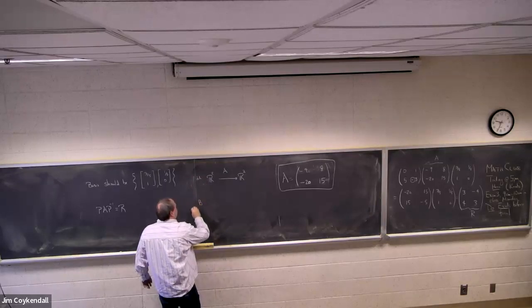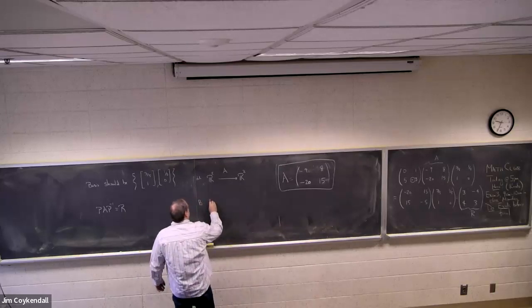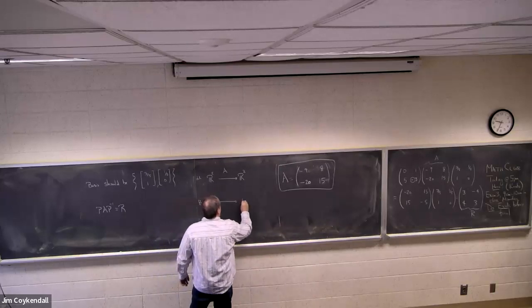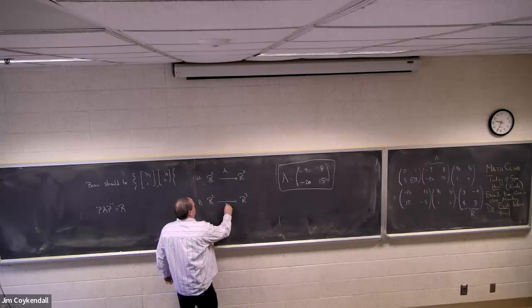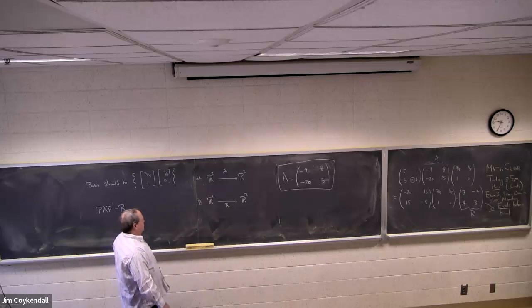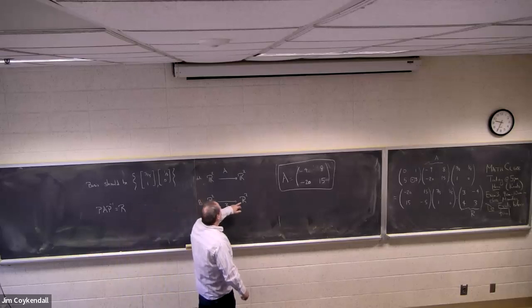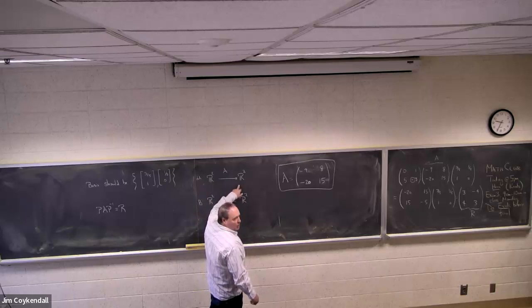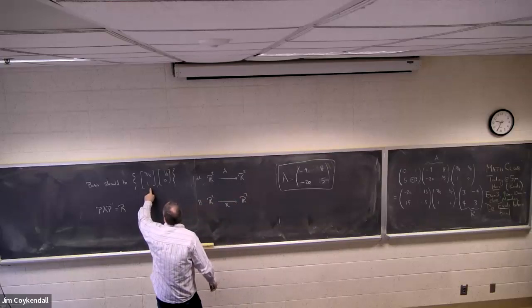Now I wanted a basis B where the matrix is in this form R. It's the B coordinates. Now, how do you get from B coordinates to standard coordinates? Well, it's the matrix that makes up your basis, which I claim is this.